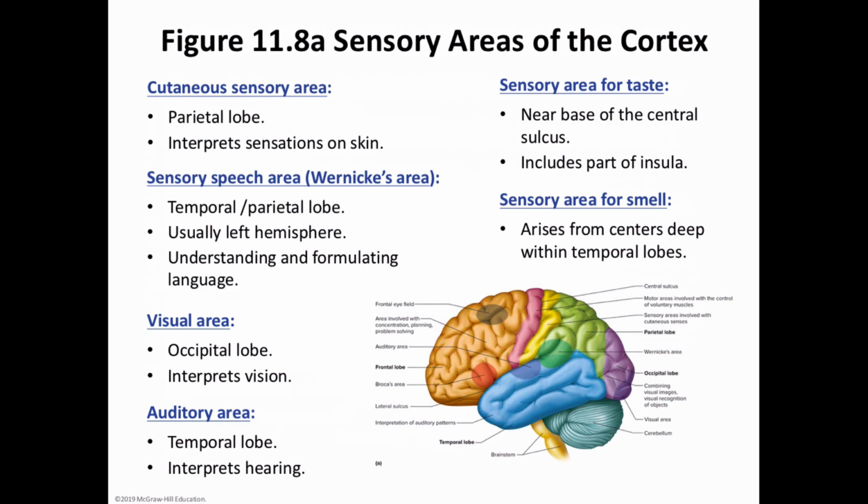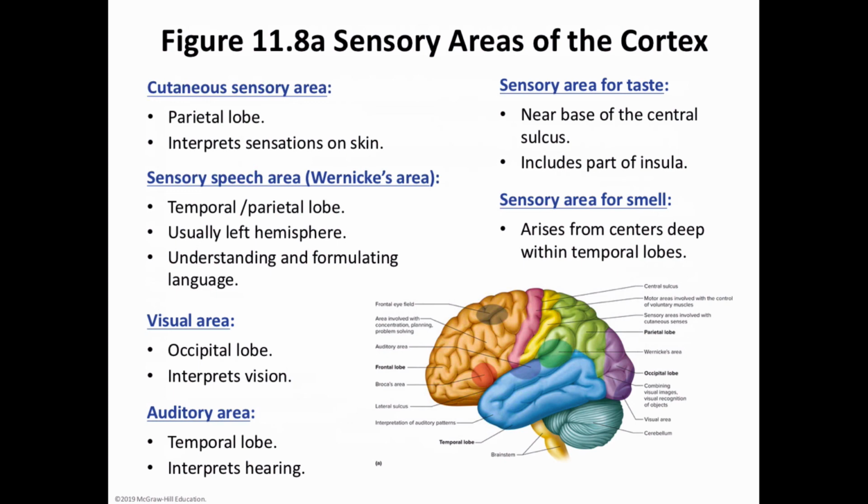The sense of smell arises from centers deep in the temporal lobes. It is the olfactory cortex. As I do this, and with this figure shown from the textbook, figure 11.8a, I hope this gives you a real insight into how this works.